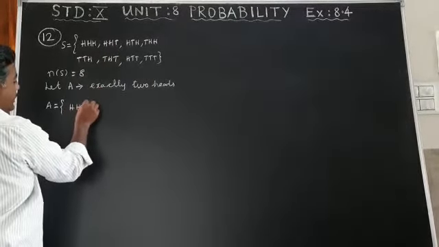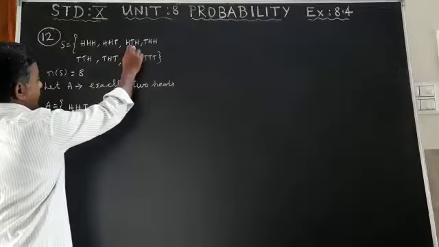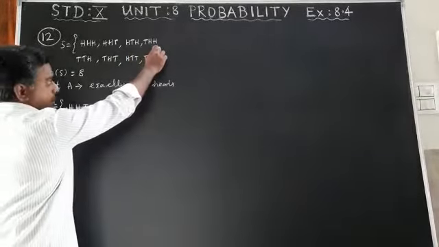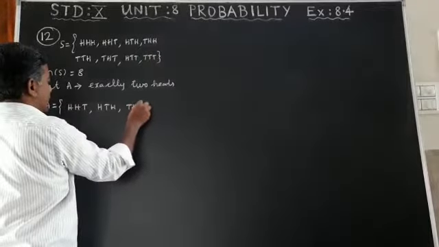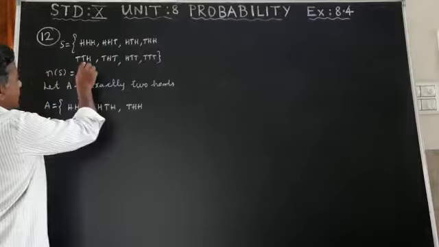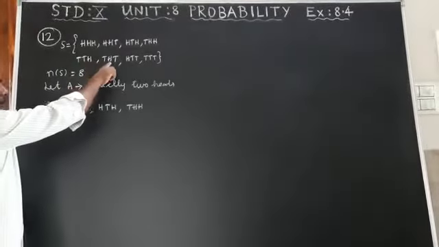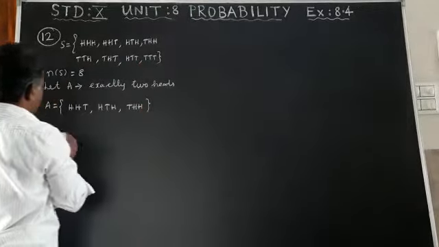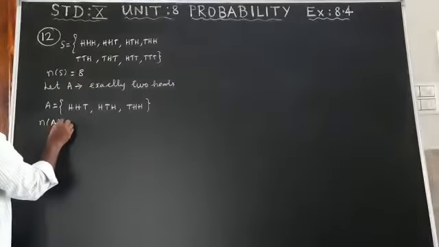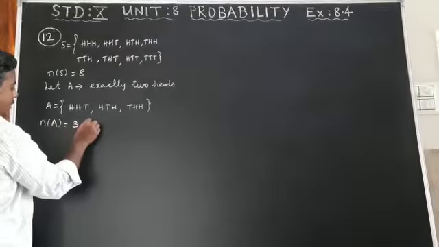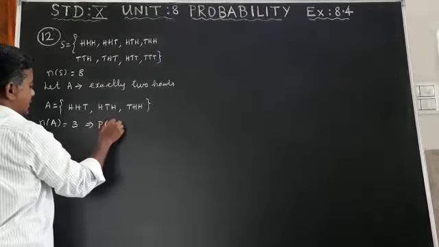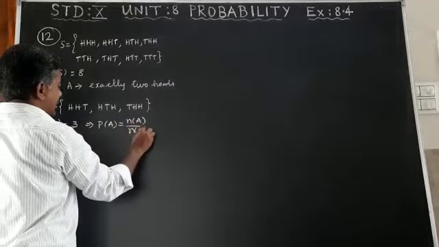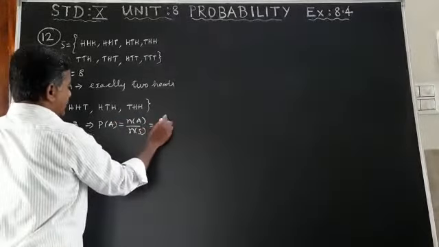HTH, two heads. THH, two heads. TTH has one head, HTT also one head, TTT no heads. So n of A is equal to 3. Then P of A is equal to n of A by n of S, 3 by 8.